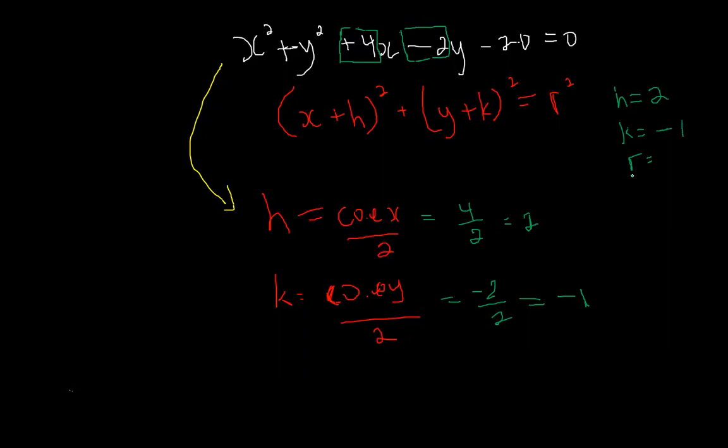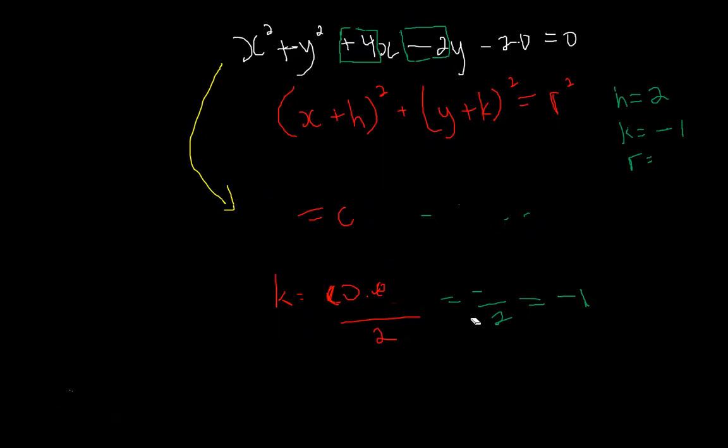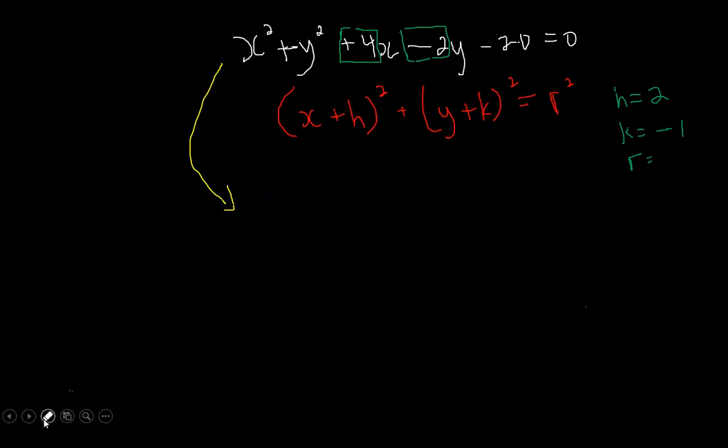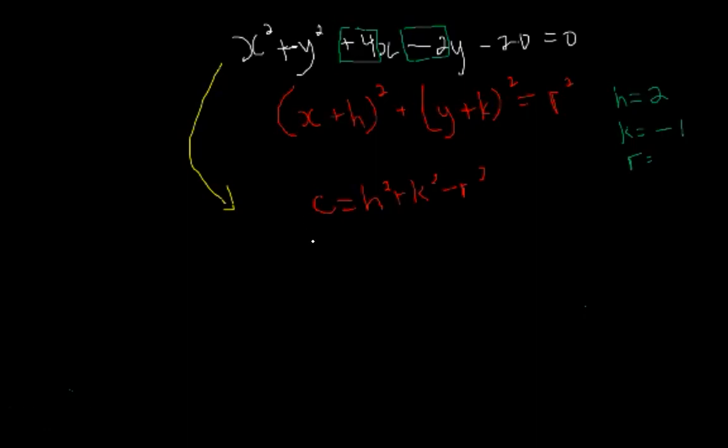R now. We don't know what r is, but we know a formula to find r when given the general form. We know that c is equal to h squared plus k squared minus r squared. We have c already. C is minus 20.